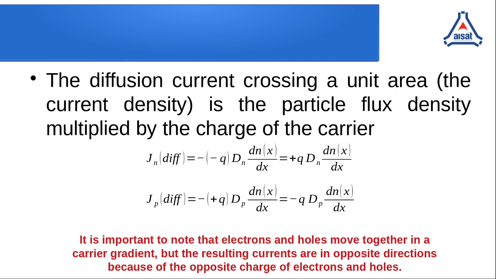The diffusion current for holes and electrons is different in sign, which says that electrons and holes move together in a carrier gradient, but the resulting currents are in opposite directions. This is due to the convention. The current direction is opposite to that of the movement of electrons, but in case of holes, it is in the same direction as the movement of the holes. That is the difference in sign.